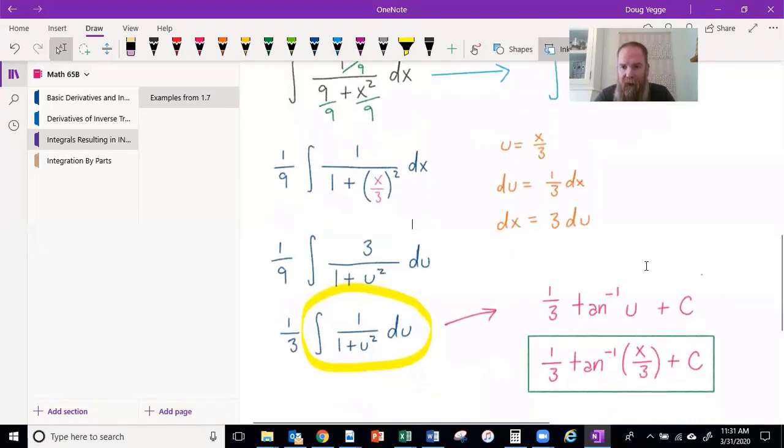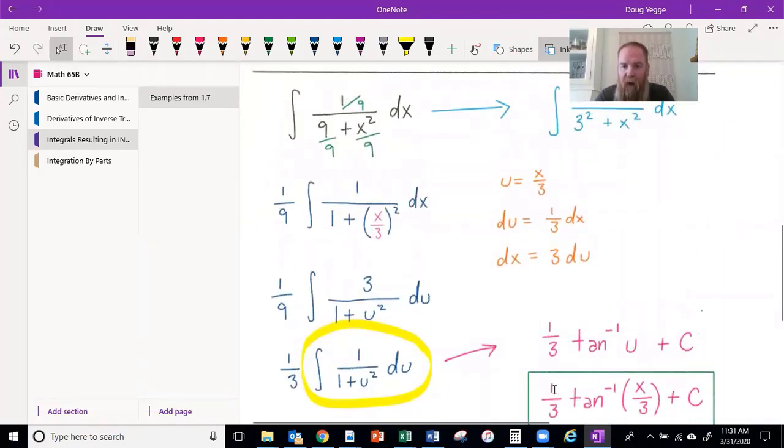Notice that my final answer became 1 over a, where a was 3, right? My a value right here was 3, and my u value was x. So I just used the formula, tan inverse of u over a times 1 over a, and there's my answer.